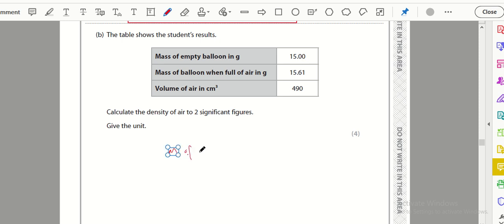So mass of air equals 0.61 gram, and here is the volume, so density of air equals 0.61 over 490, and the unit should be gram per cm³.